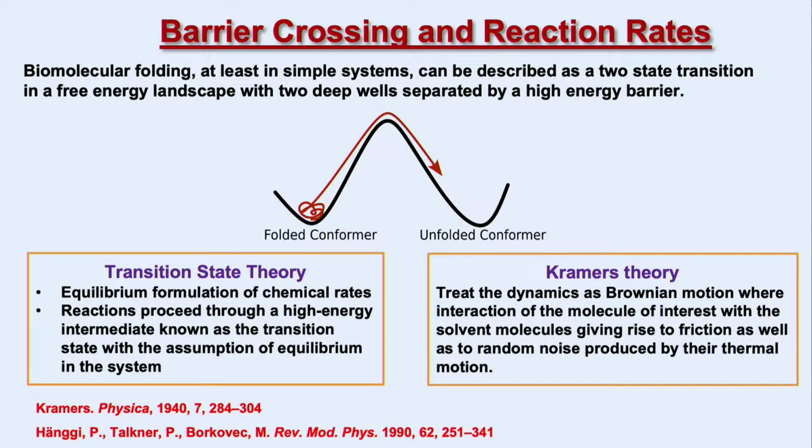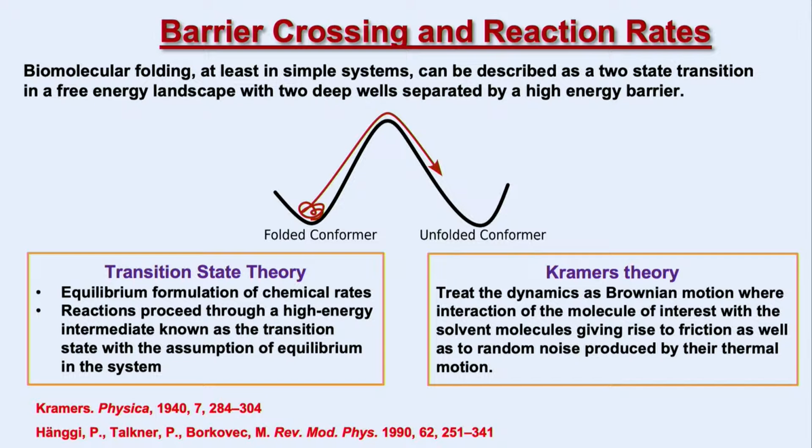Now, biomolecular rearrangements such as protein folding between the folded and the unfolded states can be described by a two-state transition in a free energy landscape, where two deep wells representing the folded and unfolded conformers are separated by a high energy barrier.